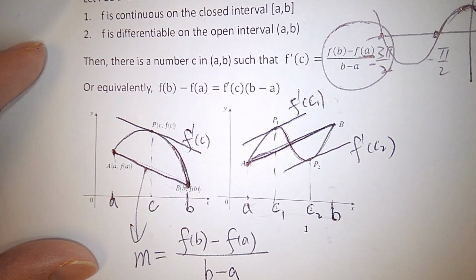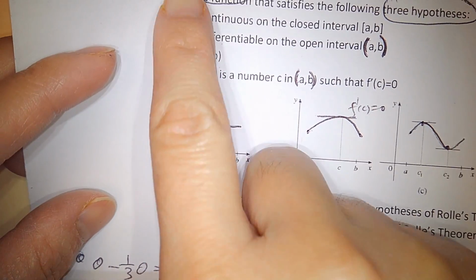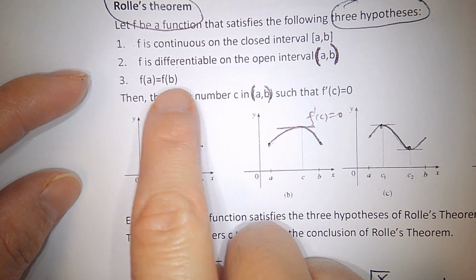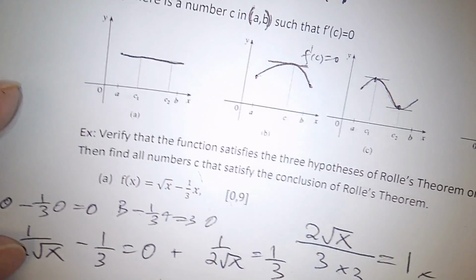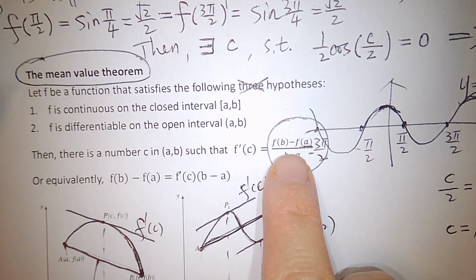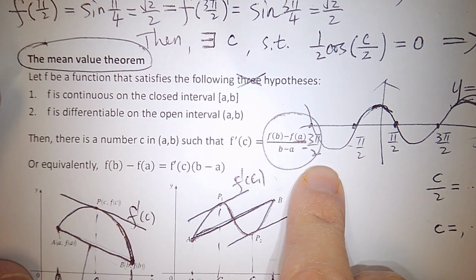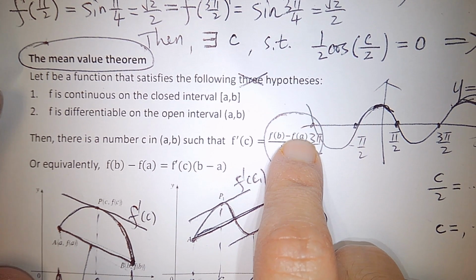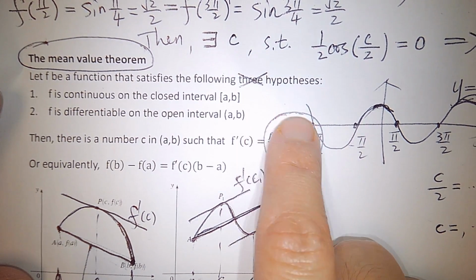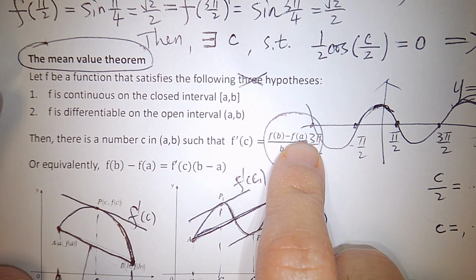Why did I just say Rolle's theorem is a special case of the mean value theorem? It's because for Rolle's theorem, f of a equals f of b, right? So let's plug into the mean value theorem. If f of b equals f of a, the subtraction is 0.